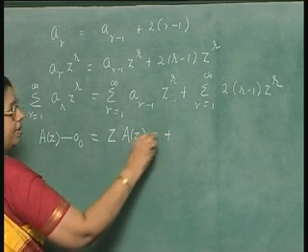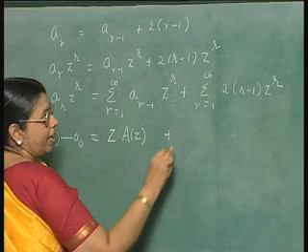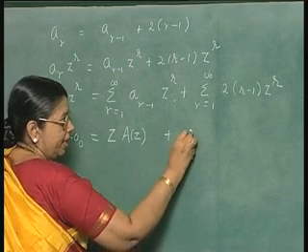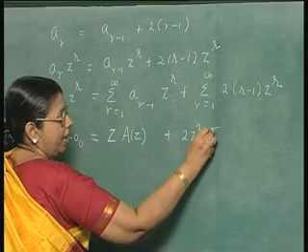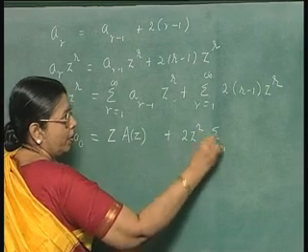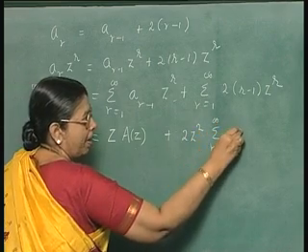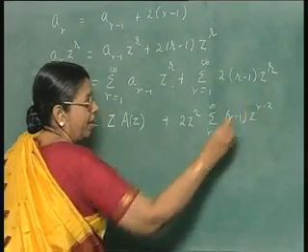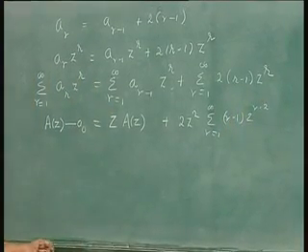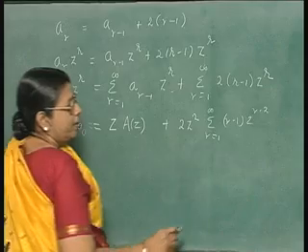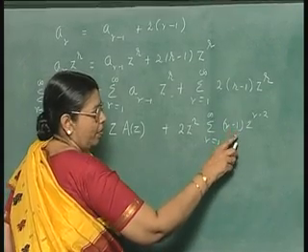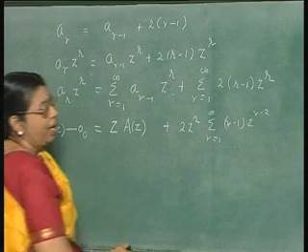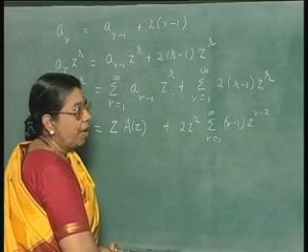Then this term is, if you take that 2z squared out, it will be sum r is equal to 1 to infinity (r-1) into z^(r-2). This is of the form, when r is equal to 1 it is 0, when r is equal to 2, 2 minus 1, z to the power 2 minus 2, it will be 1.